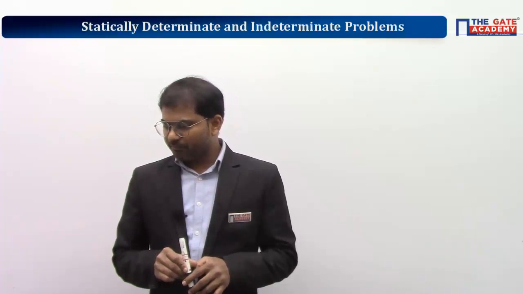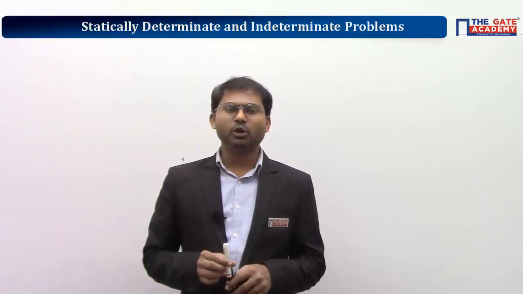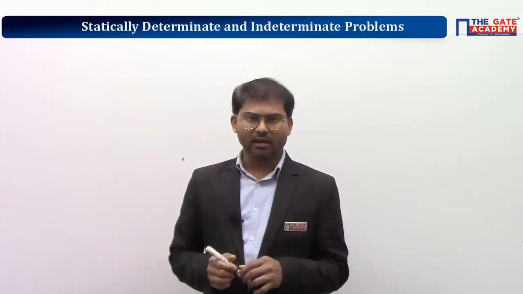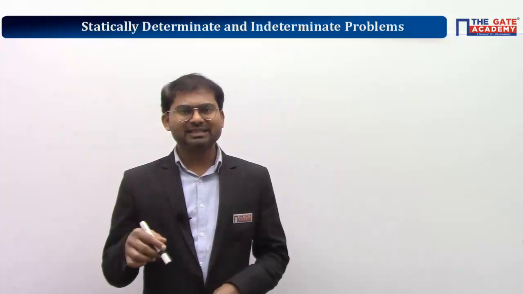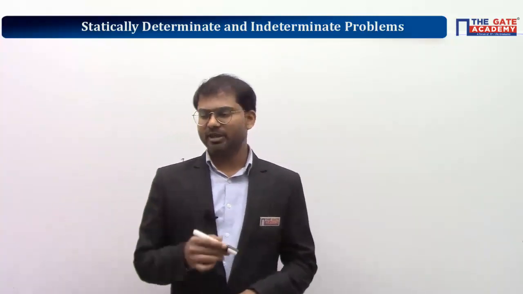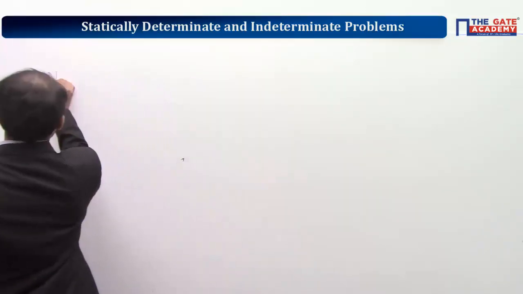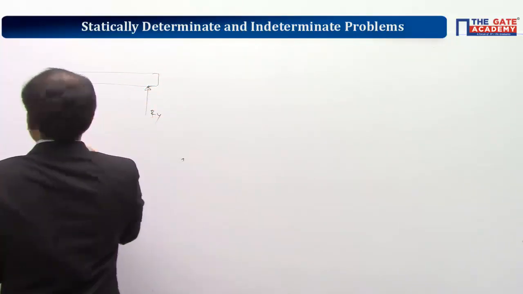Neglect the weight of the beam. Find the tensions T1 and T2 induced in the wires by a vertical load P applied as shown. So here we have to get T1 and T2 in terms of force P, length L, and other dimensions a and b. If you take the beam like this, at the right side you have a support Ry.